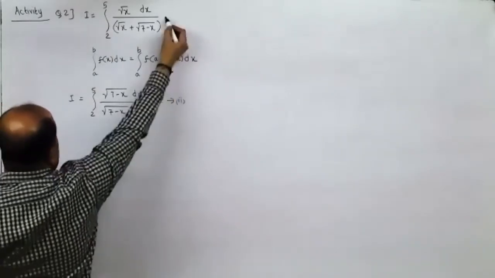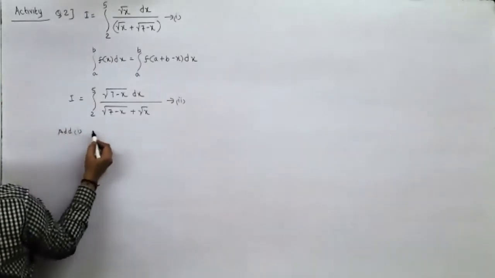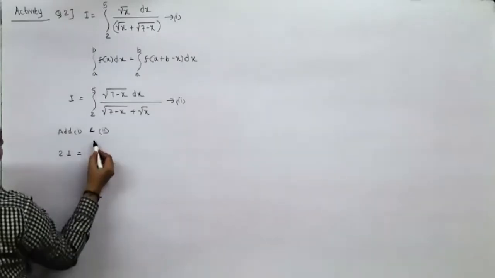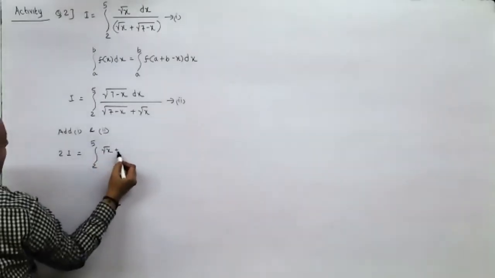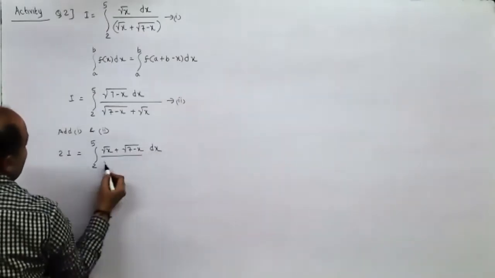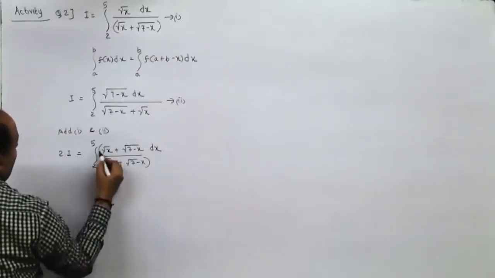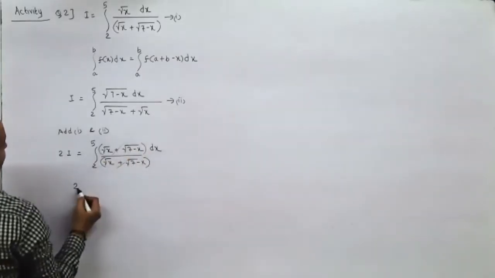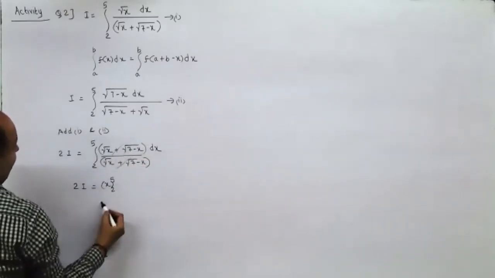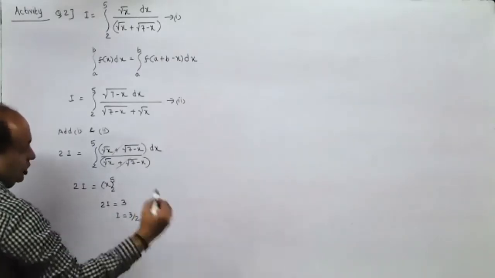From 1 and 2, when you add the 2, you get 2I equal to 2 to 5 root x plus root 7 minus x upon root x plus root 7 minus x. These two get cancelled. 2I equal to integration of 1 is x. Between 2 and 5, 2I equal to 5 minus 2, that is 3. Therefore, I is 3 by 2.